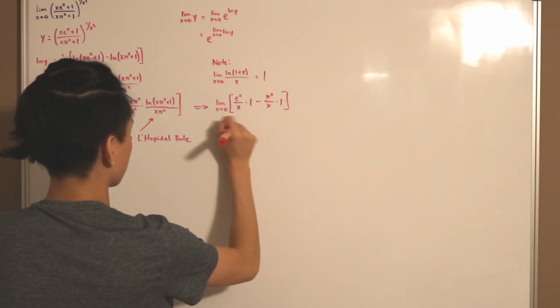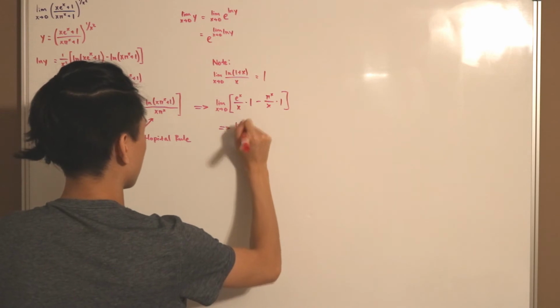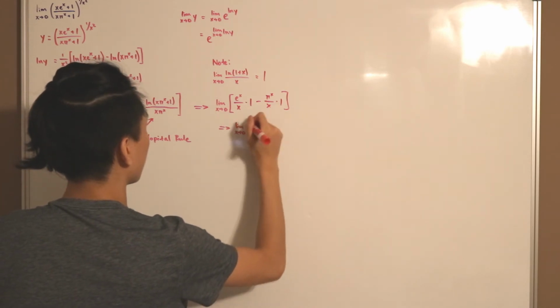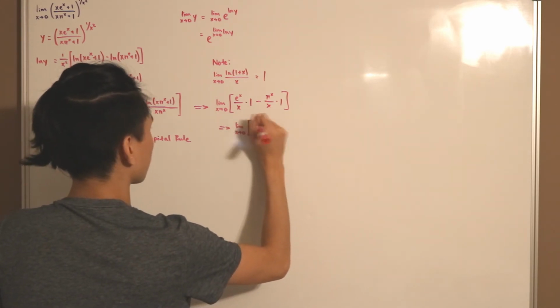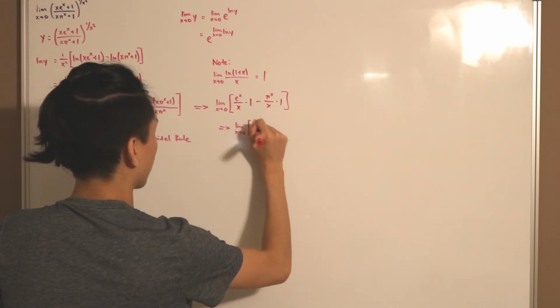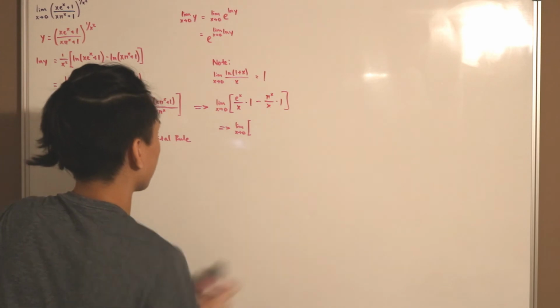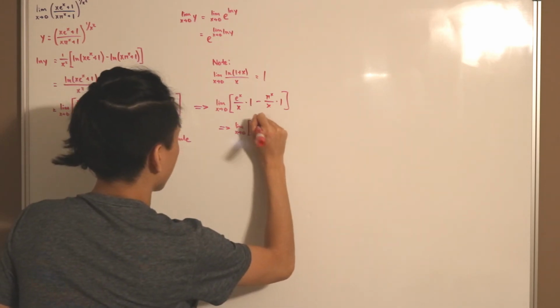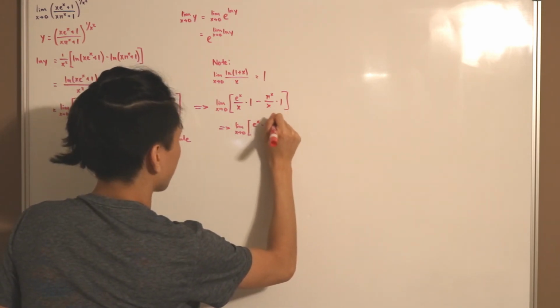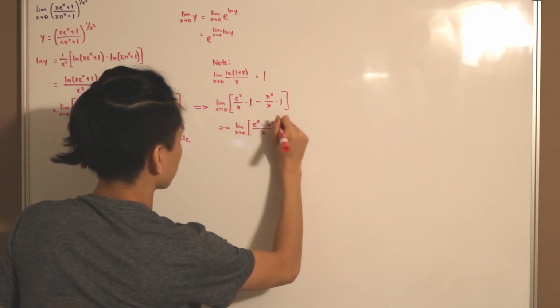In other words, it's the same thing as the limit as x approaches 0 of e to the x divided by x. Since they have a common denominator, I'm going to write it this way: e to the x, then minus pi to the x, then divided by x.